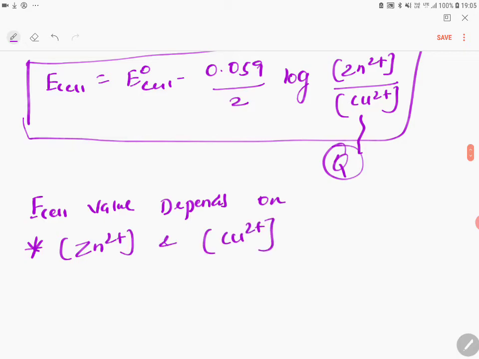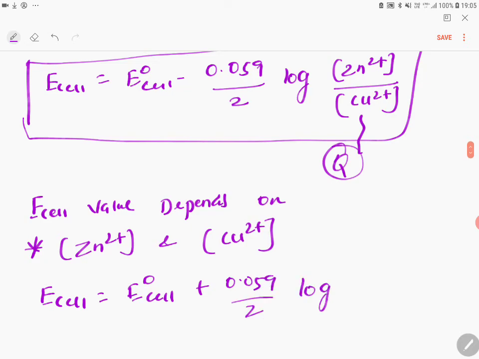Now, supposing you invert this equation, you will get E cell equal to E naught cell plus 0.059 by 2 log Cu2+ comes to the top, Zn2+ comes to the bottom.